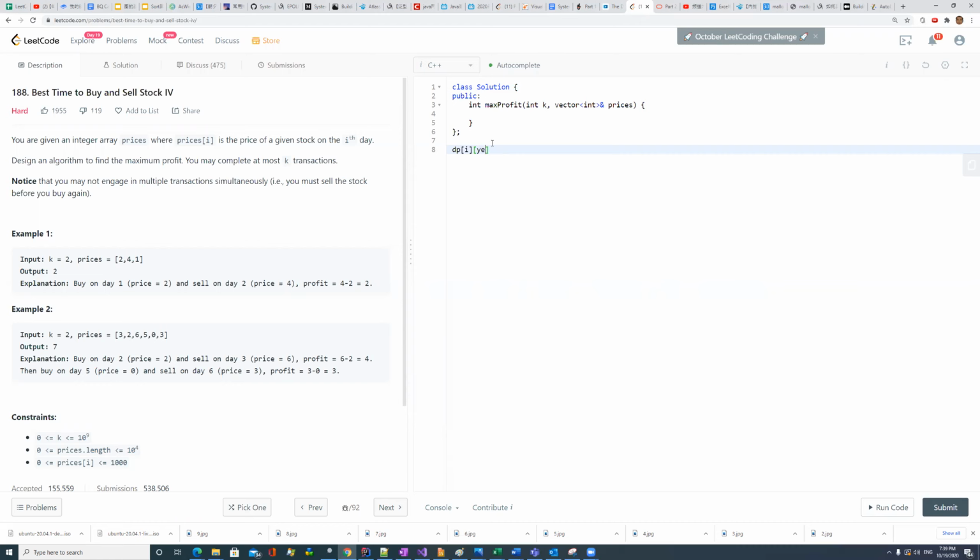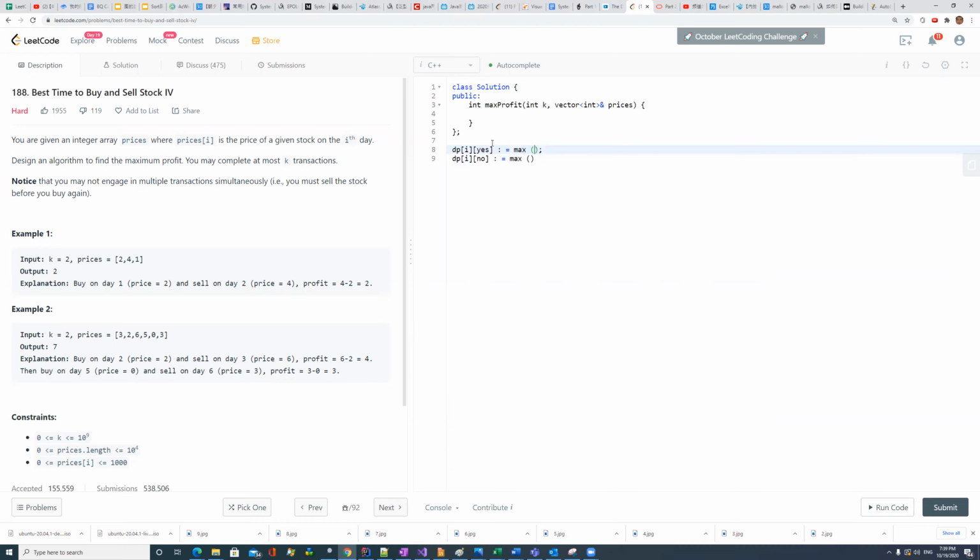So I need a 2D DP, a two-dimension array, to represent the different statuses. If in the current day I hold a stock, the max depends on two previous statuses.